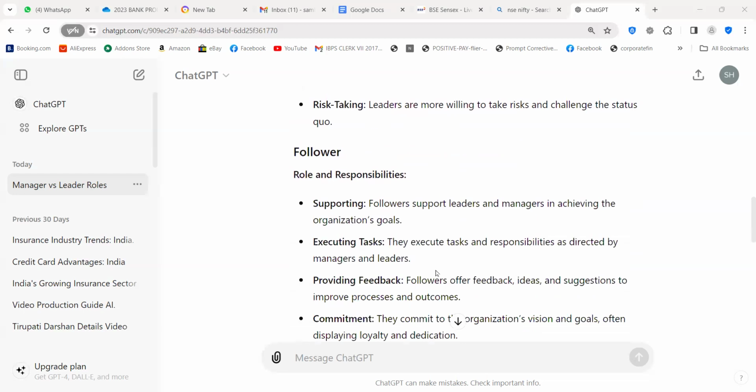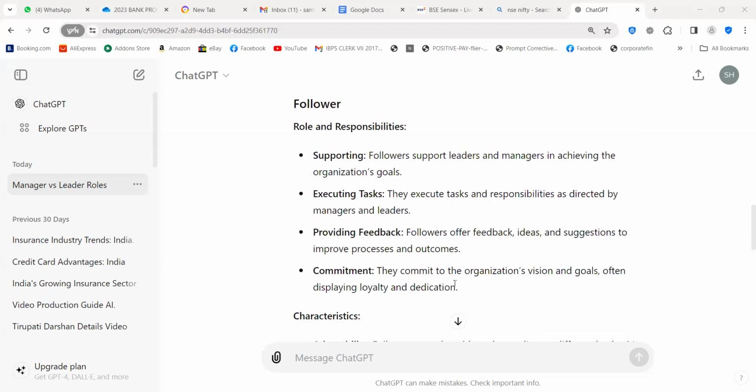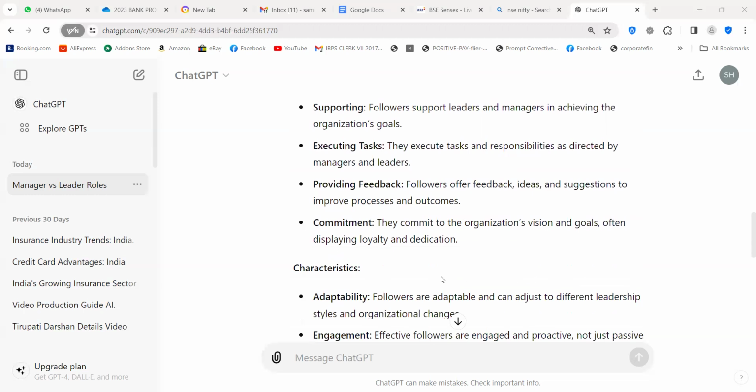Next is follower. Roles and responsibilities. Supporting: followers support leaders and managers in achieving organization goals. Executing tasks: they execute tasks and responsibilities as directed by managers and leaders. Providing feedback: followers offer feedback, ideas, and suggestions to improve processes and outcomes.